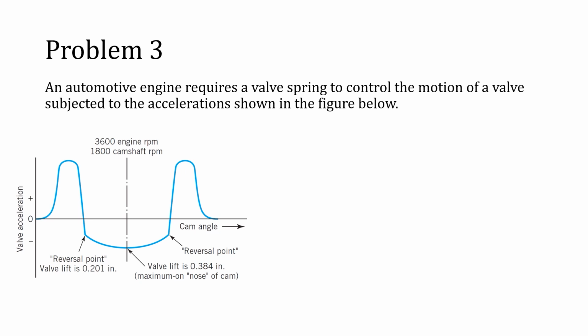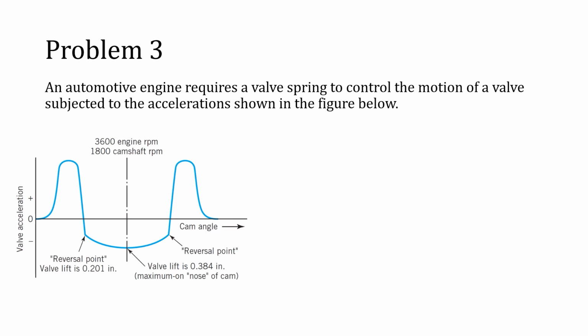So the reversal point is where the valve lift is at 0.201 inches. And that second point is the maximum on nose of cam. So it's essentially your maximum negative valve acceleration, and that happens when your valve lift is at 0.384.